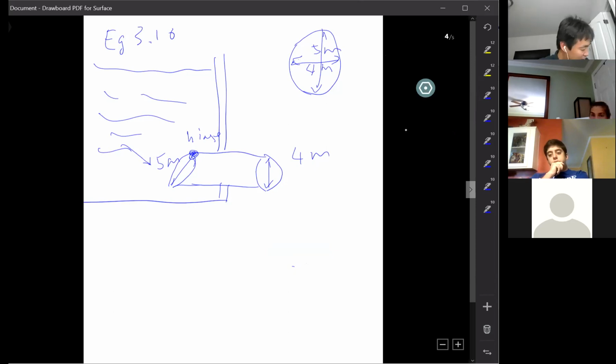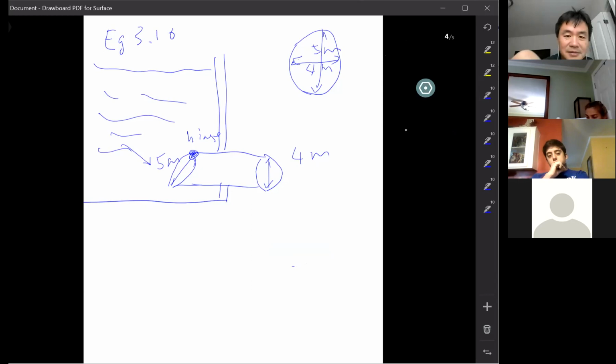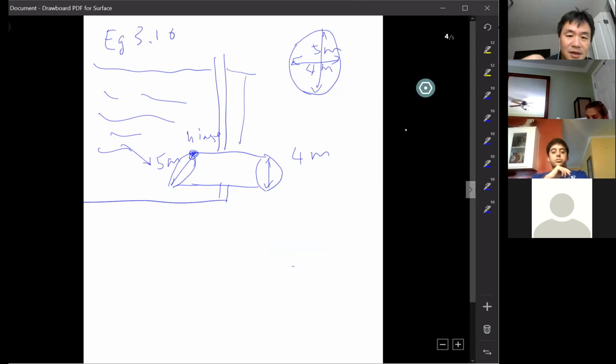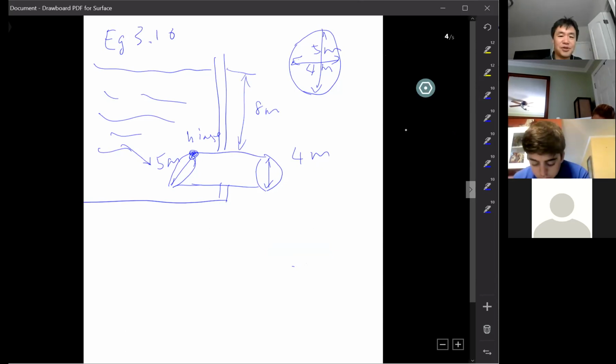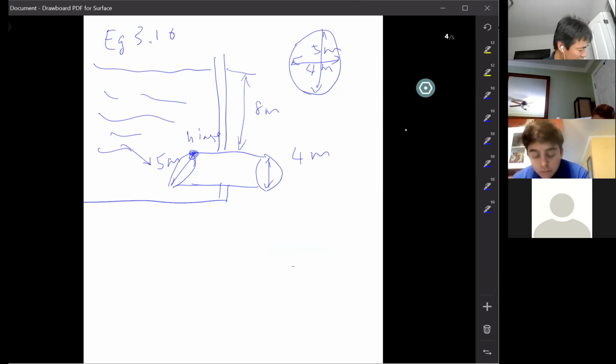So what is the question? Let's see. Dimension: this pipe is 8 meters deep from the top of the pipe to the water surface, 8 meters. And what is the force required to open this gate and let the water come in?